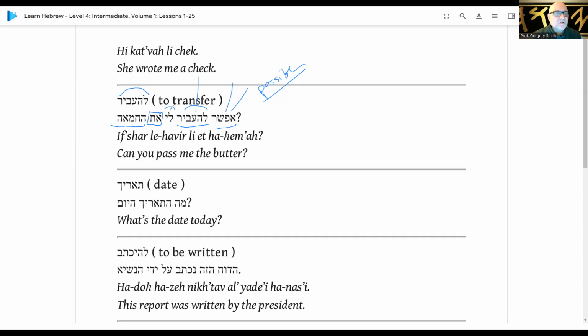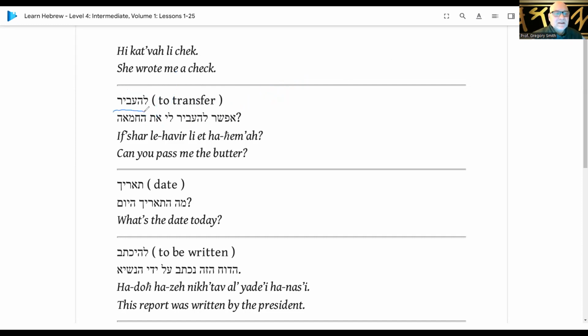Possible to transfer to me, et untranslatable. So let's just knock all those out and figure out the pronunciation of that last one. החמאה. It's like hahema. So this is the butter.